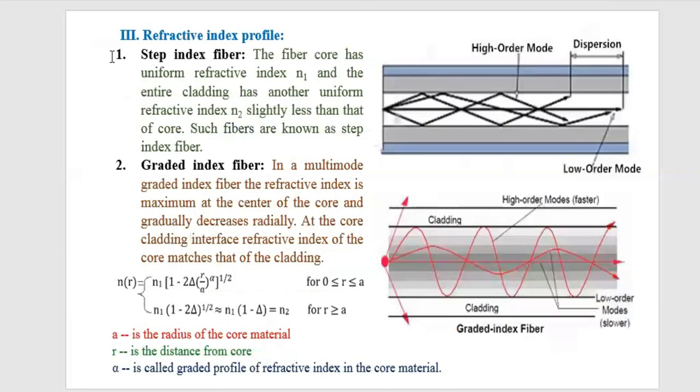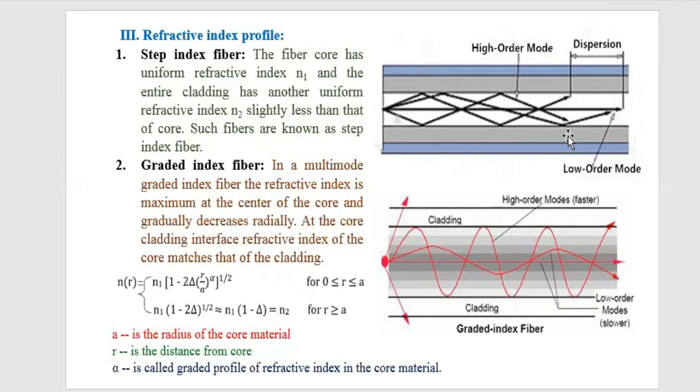Then the third category is depending on refractive index profile. The first one is step index fiber and the second one is graded index fiber. Step index fiber means the refractive index between the core and cladding changes like a step. The refractive index of the core is completely uniform, and the refractive index of the cladding is uniform and lower than the core material.